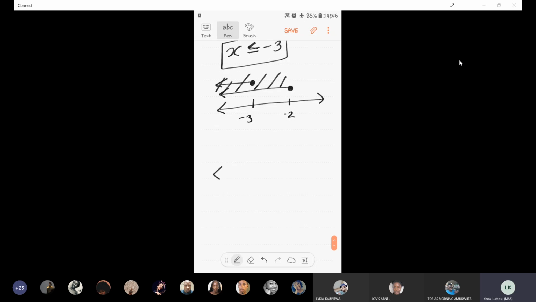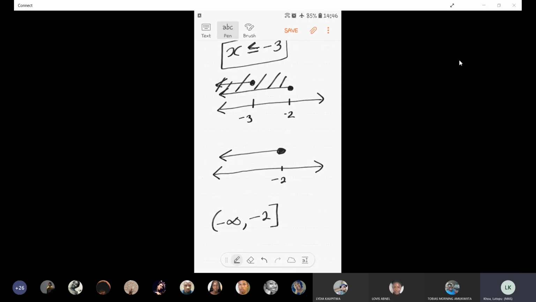So here the solution will be this area, everywhere where there is a line above. So you can draw this. You have minus 2 here, shaded circle going that way. And in interval notation, these are the numbers that start at minus infinity up until -2. Remember, minus infinity is never included. So we have minus infinity, and then -2.